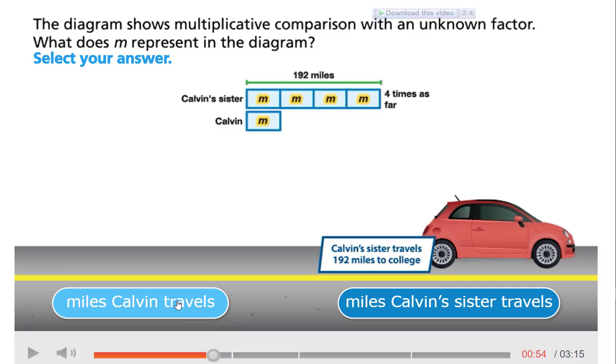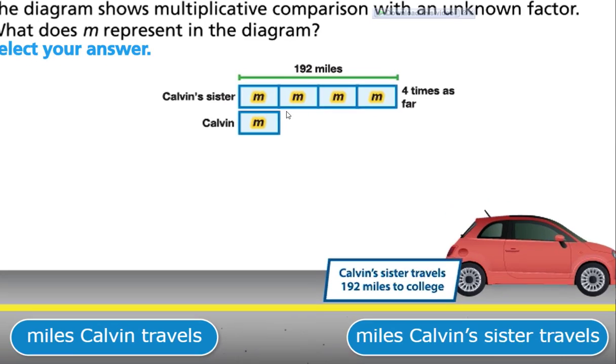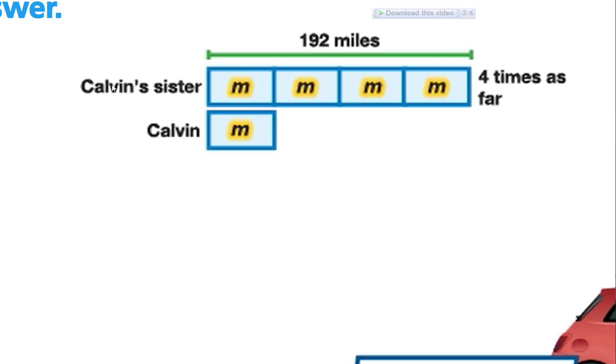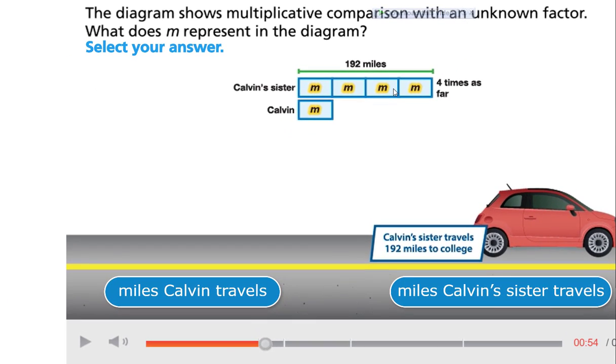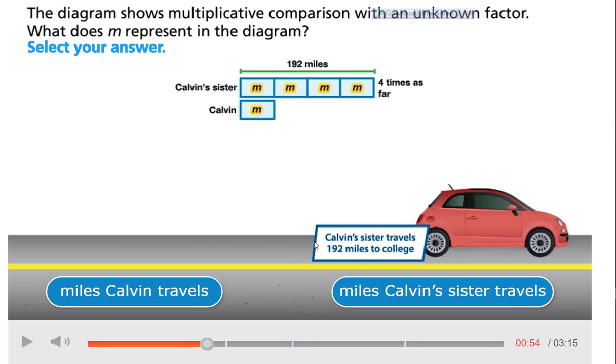Choose one of the two choices here. Miles Calvin travels or miles Calvin's sister travels? Miles Calvin travels? Great. So you can see here that Calvin is m and his sister is m, m, m, m. So this is 4m. So I will choose miles Calvin travels. Right. Thank you, my hero.